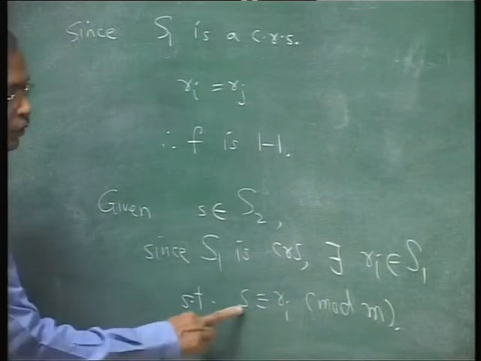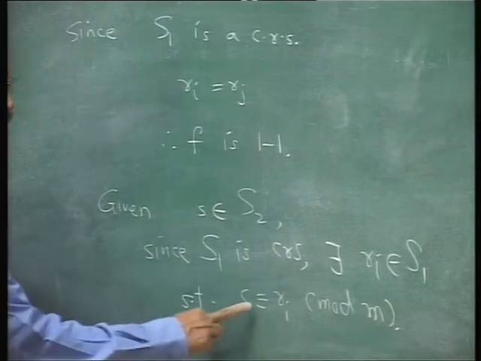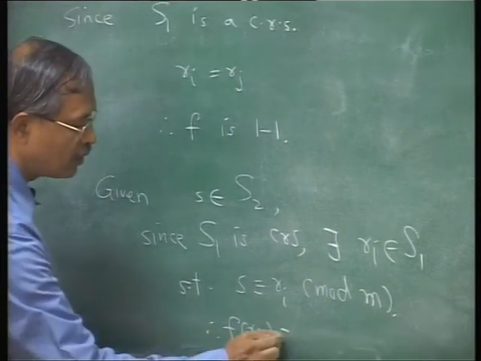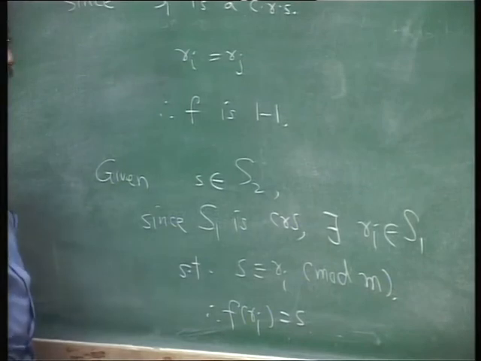Once Ri is congruent to s, f of Ri is equal to s. And therefore, f is onto.